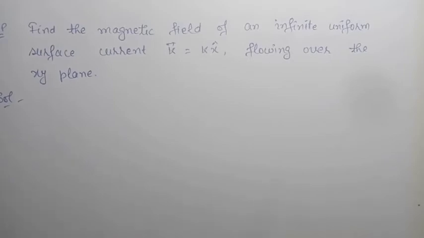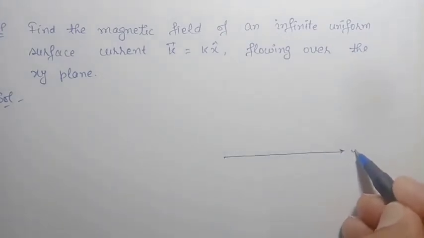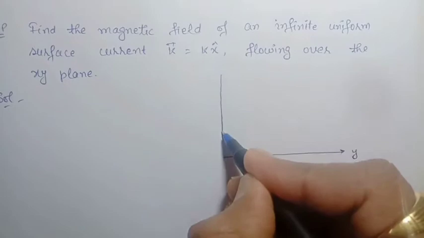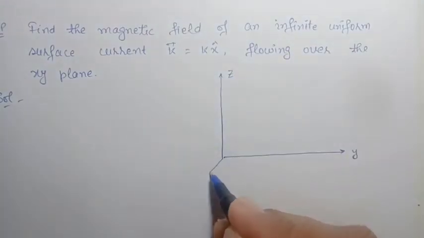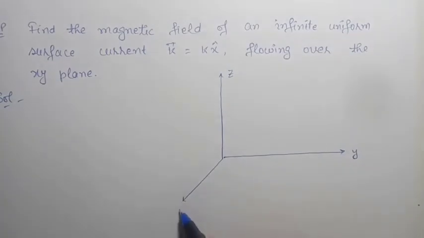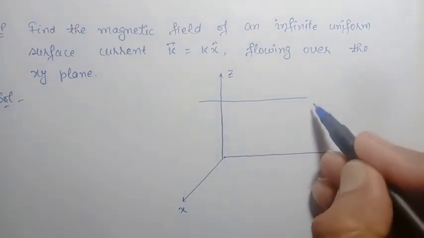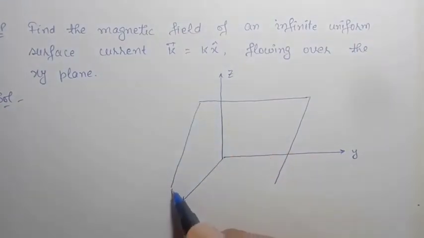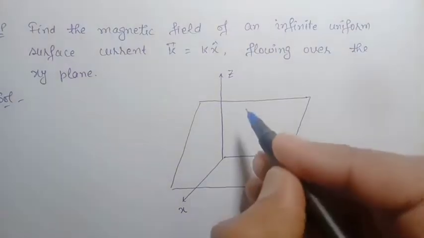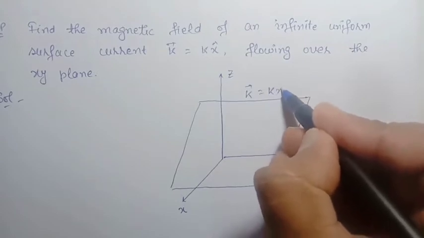As per our problem, suppose this is the y-axis, this is the z-axis, and this is the x-axis, and suppose this is a uniform plane. So here, surface current K equals K x cap.